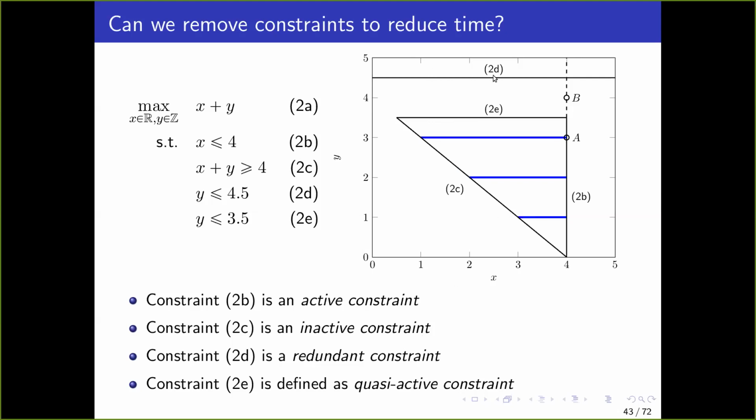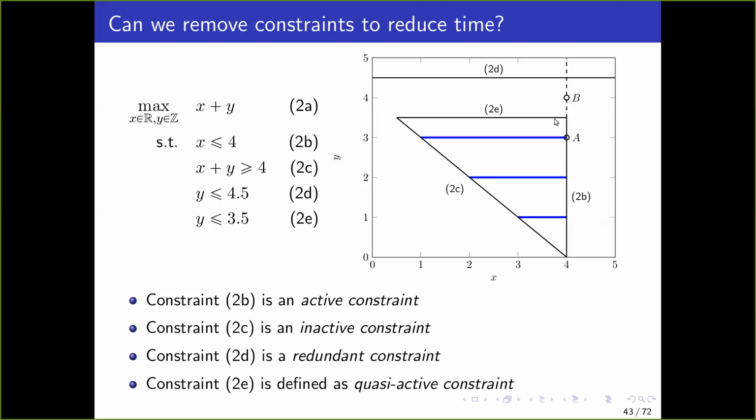Then we have 2D, which is a redundant constraint, and you can remove it for any possible objective function, unlike the inactive constraint. As you see here, 2D is y lower or equal than 4.5, and 2E is y lower or equal than 3.5, so it's clear that 2D is redundant.